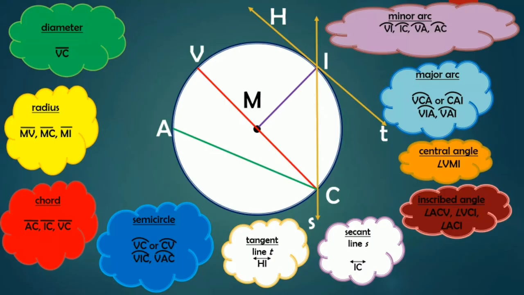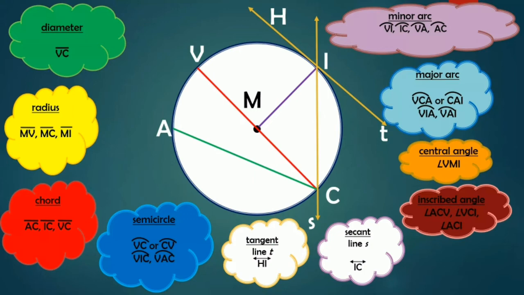Okay, so given circle M, let us identify the diameter. Again, the diameter is a line segment that passes through the center of the circle. So we have here segment BC as the diameter. Now let's have the radius. Since we have more than 1 radius, we call them radii.